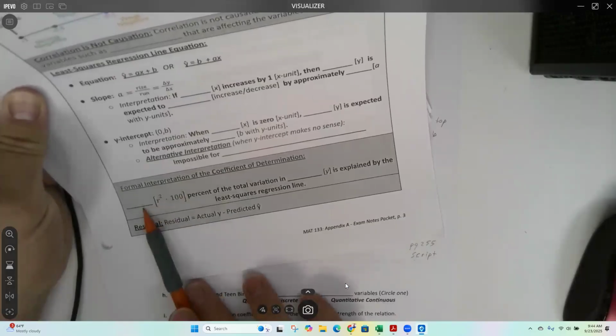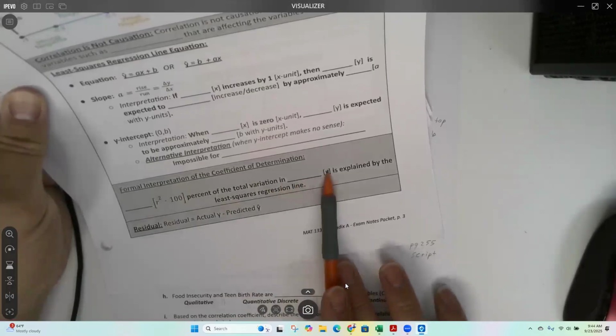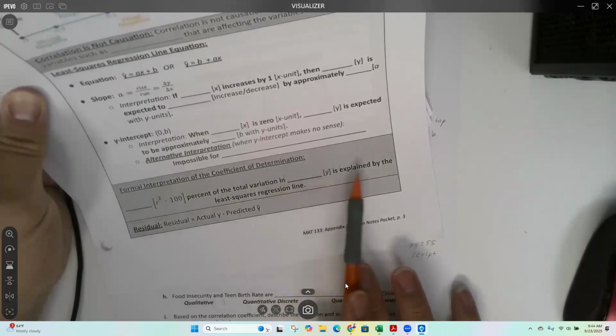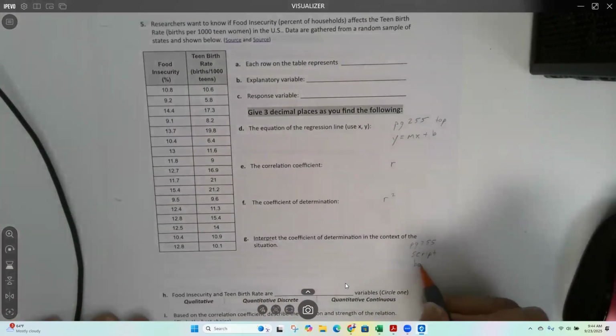So you change it into a percent and you say this percent of the total variation in the y value, write out the name of the y value, is explained by the least squares regression line. Okay. So at the bottom, page 255. Okay.